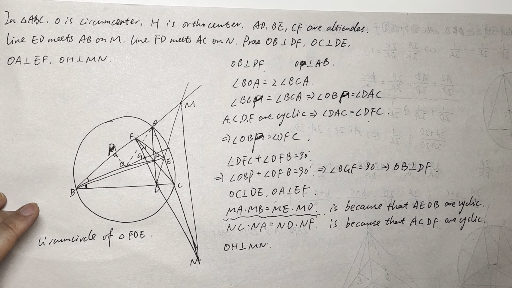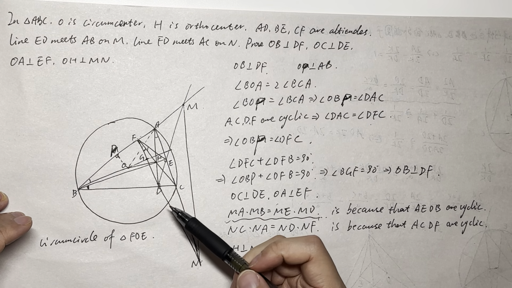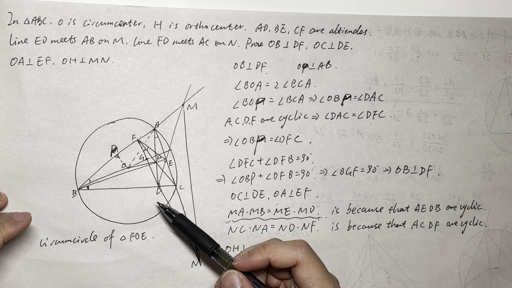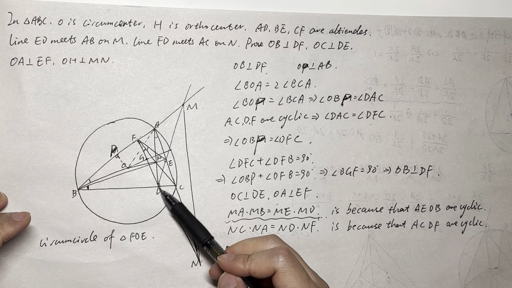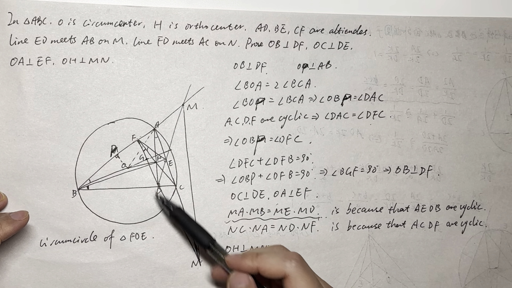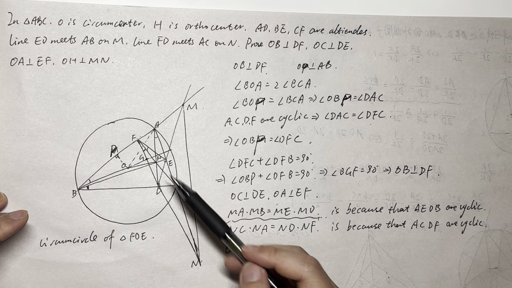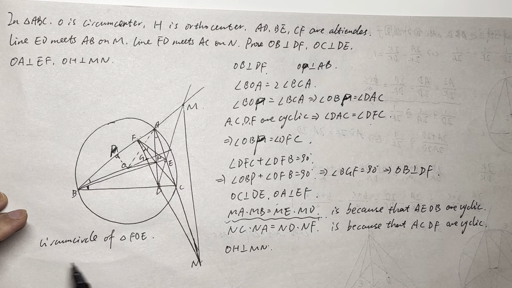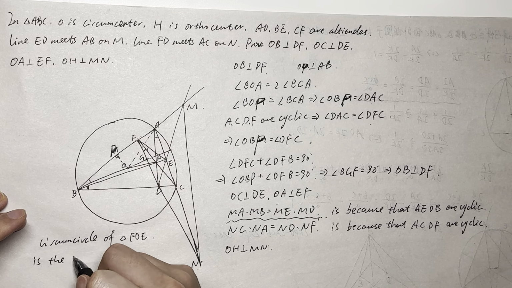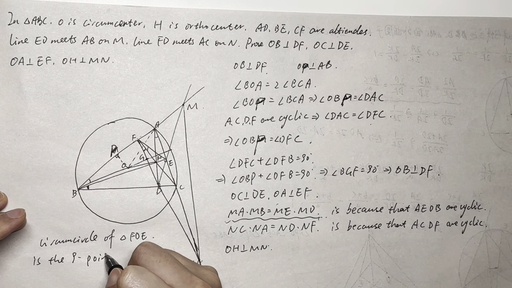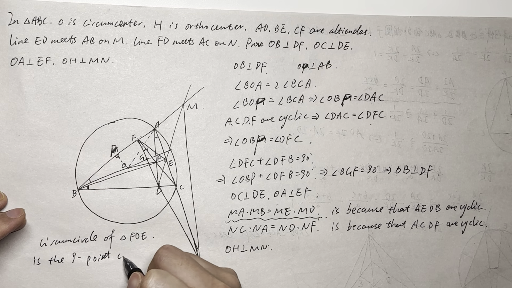So if you remember it, that's a 9-point circle, right? Because FDE are the feet of altitudes on the 3 edges, right? The circumcircle of triangle FDE is the 9-point circle.